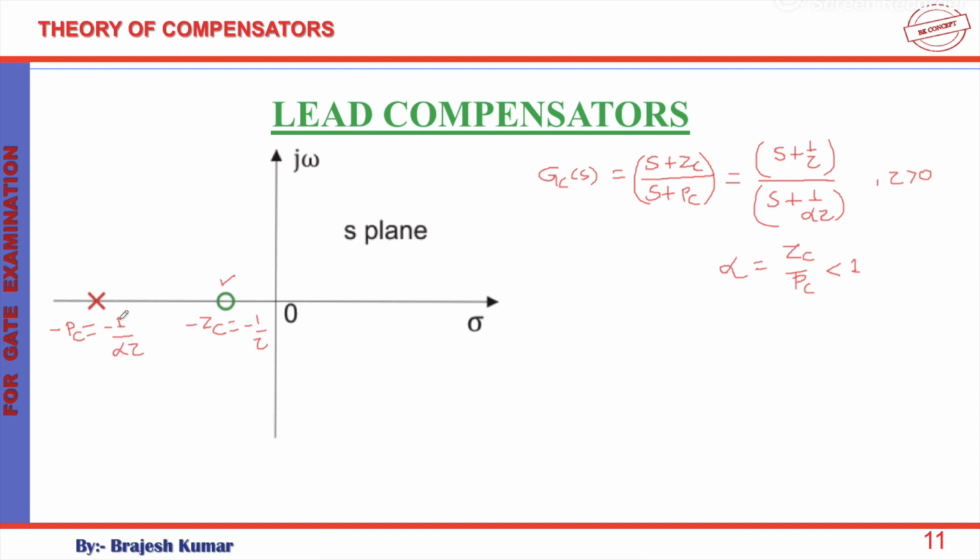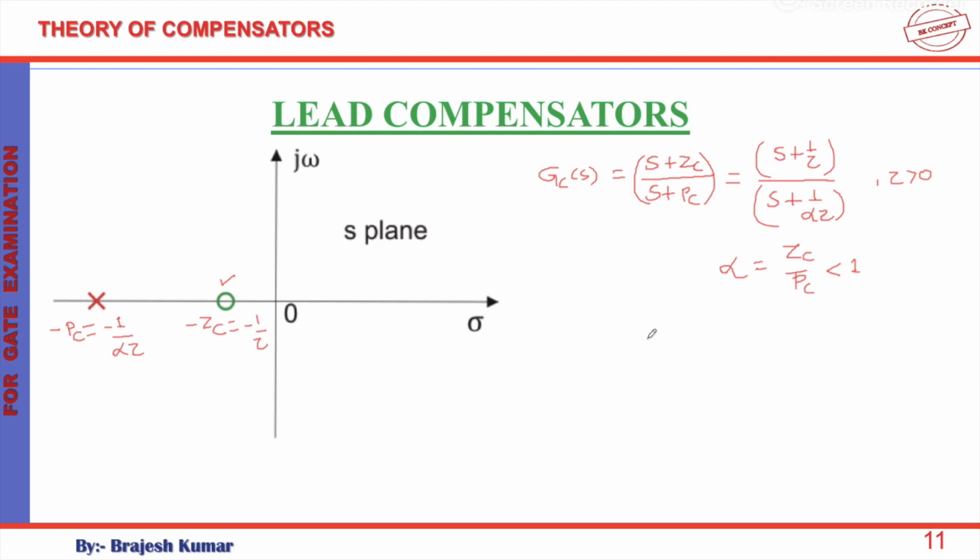Alpha is less than 1, so 1 by alpha will be greater than 1. So 1 upon alpha tau in magnitude will be greater than 1 upon tau. Since it is negative, it will be far away from the j omega axis on the negative side.